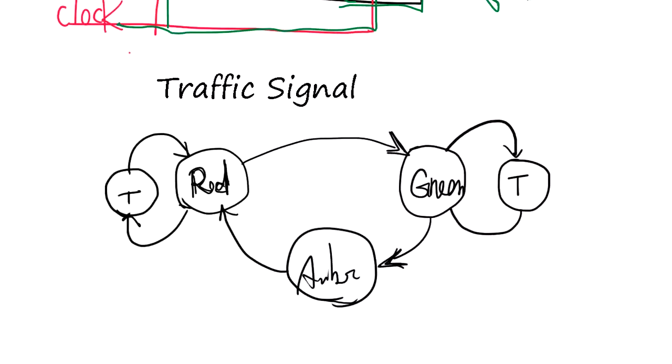Here's an example, the traffic signal. This traffic signal usually changes from green to amber, amber to red, red to green.